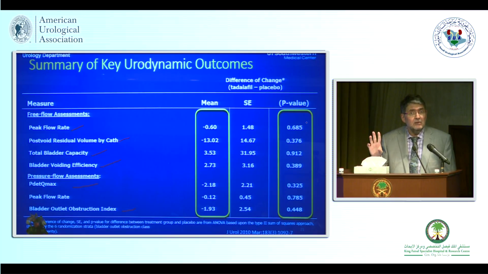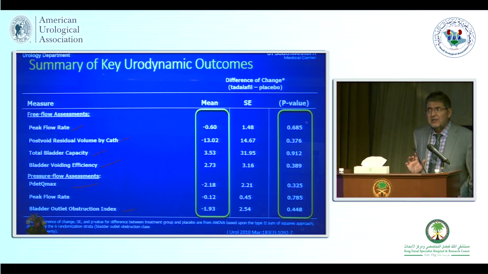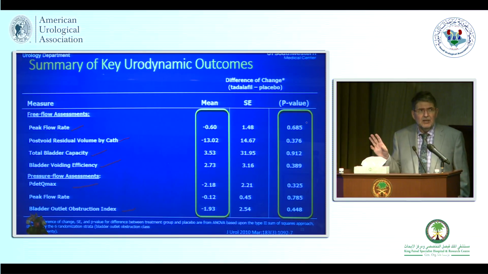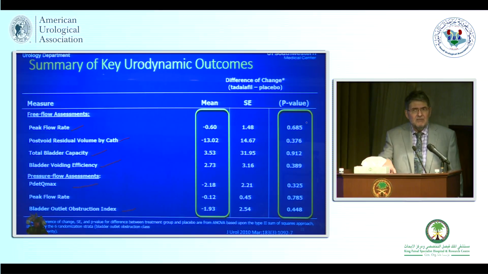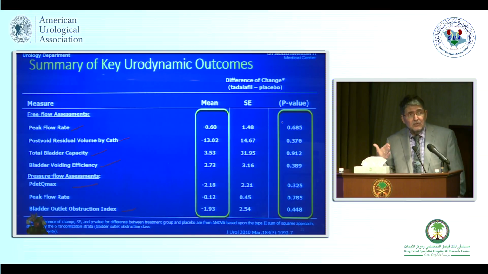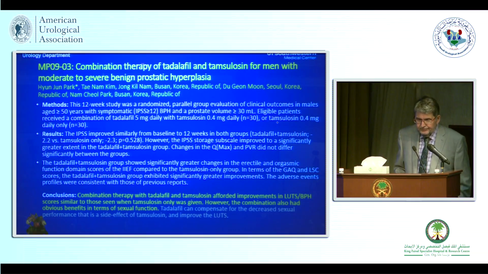No parameter. So I operate on the assumption that anytime I see an abstract looking at this, I discard it. This is the best study ever done. PDE5 inhibitors do not affect urodynamic parameters. This is 20 milligrams daily for 12 weeks. And it's amazing that the drugs work on the symptoms, but do not work on obstruction.